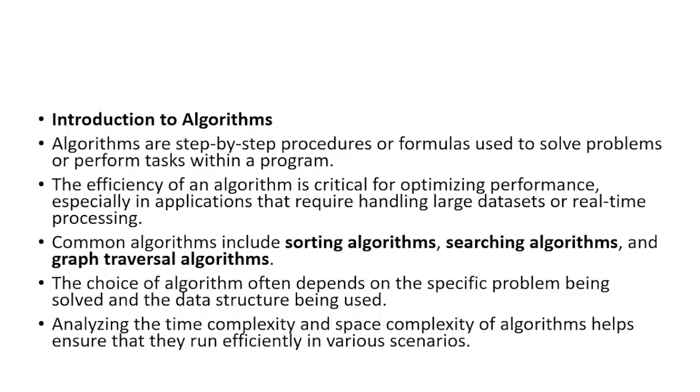DFS uses stack. If I cannot use a queue, then I cannot apply breadth first search there. So like this we have various data structures, and what algorithm we choose will depend upon the data structure. So we should analyze the time complexity and space complexity of algorithms.